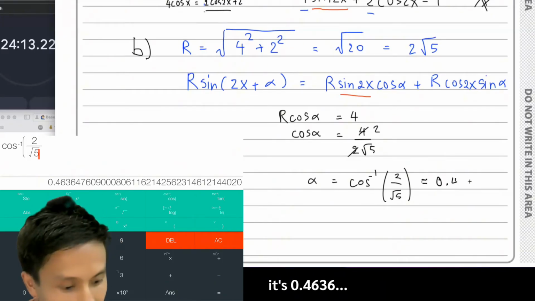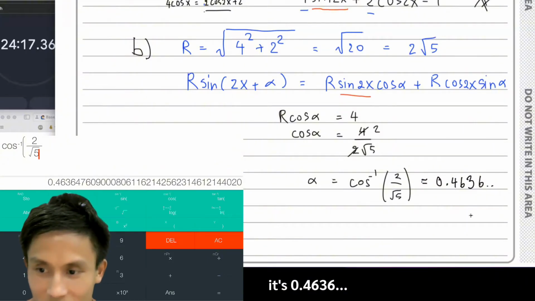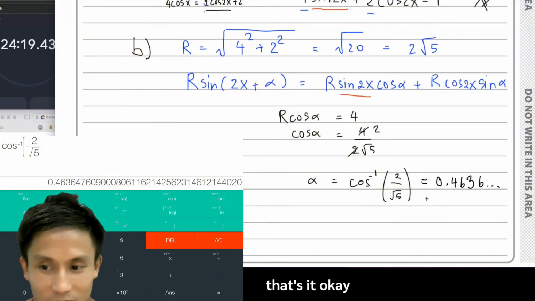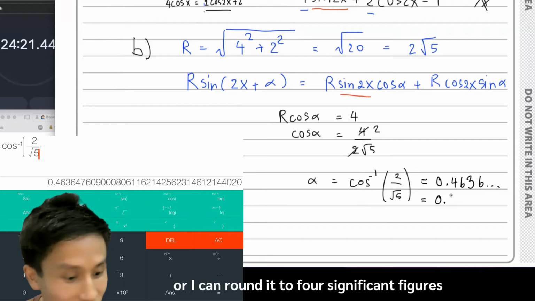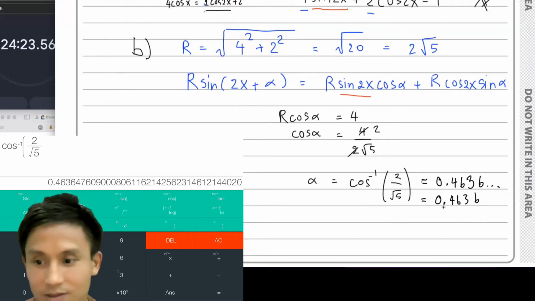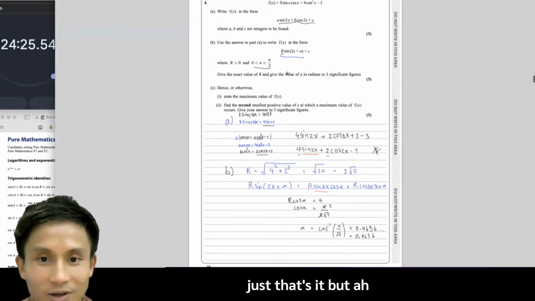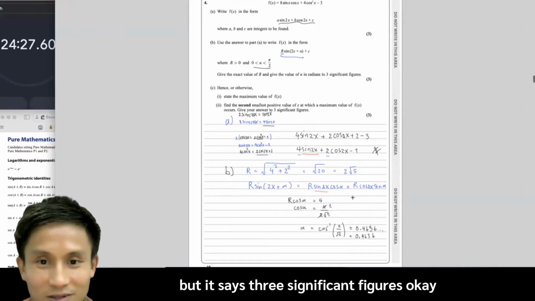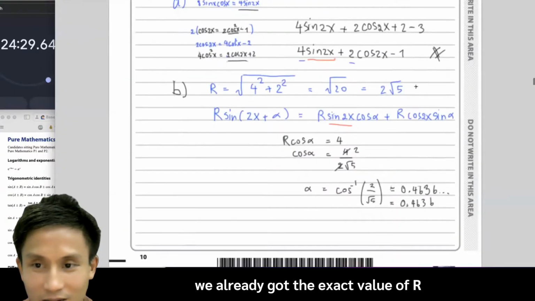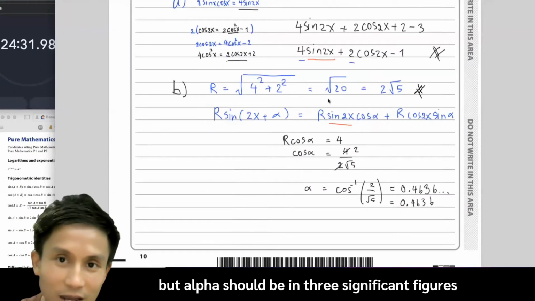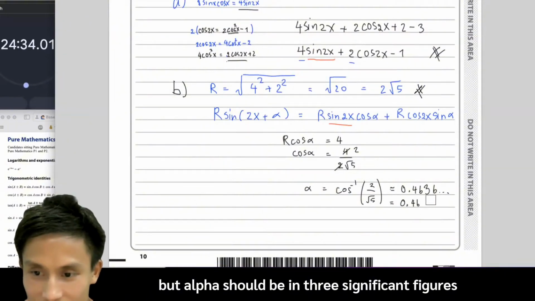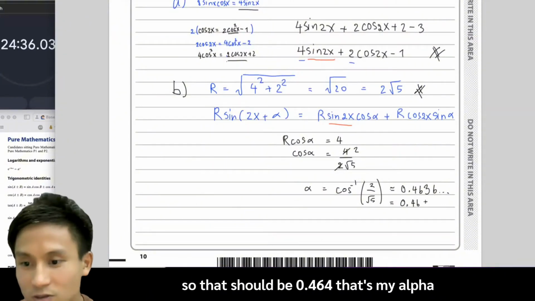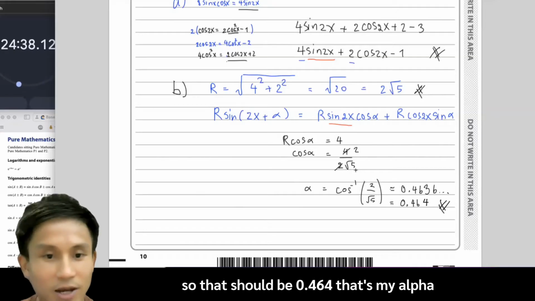It's 0.4636... That's it. Or I can round it to 4 significant figures. But it says 3 significant figures. We already got the exact value of R, but alpha should be in 3 significant figures, so that should be 0.464. That's my alpha.